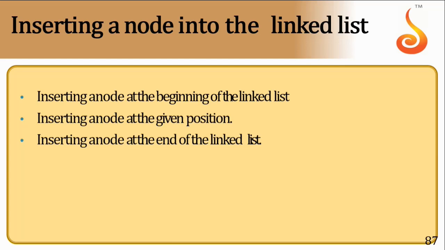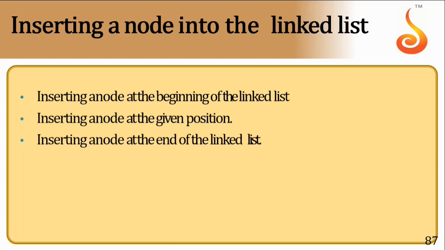Beginning is also easy, end also easy, but at a given position it is a little complicated, right? Because at a given position, you take care of two nodes. That is, the previous node has to point to the new node and this has to point to the next node. Whereas the beginning or the end is very easy when compared to a given location.